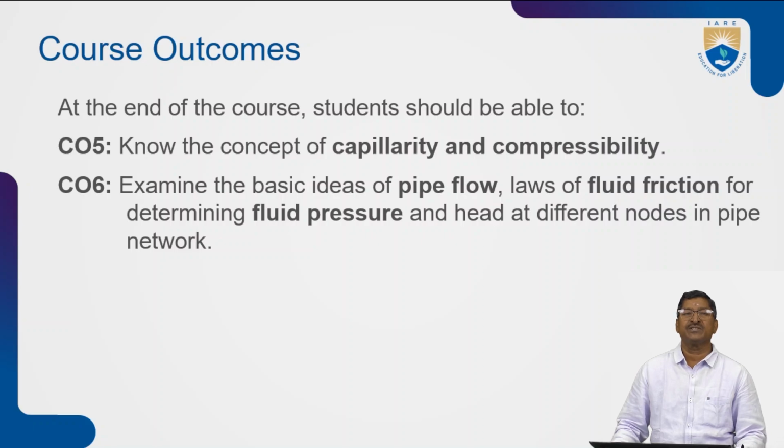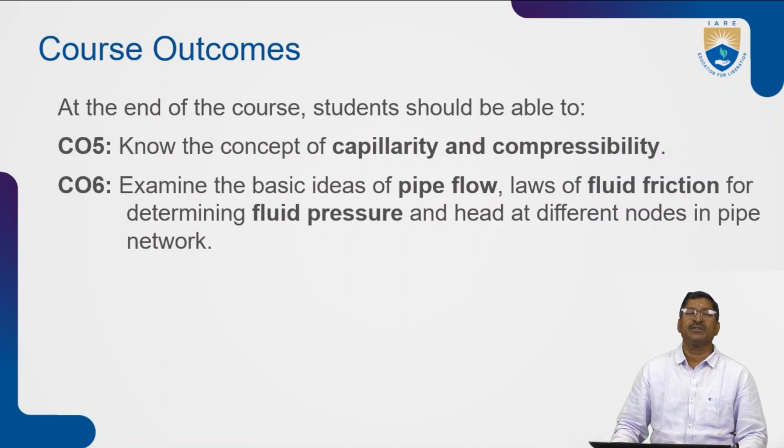Course outcome 6 is pipe flow, or fluid friction. Whenever fluid is flowing inside a pipe, between the internal surface of the pipe and the fluid surface, there will be frictional forces. If the fluid travels from one point to another point, it loses energy because of the frictional losses.